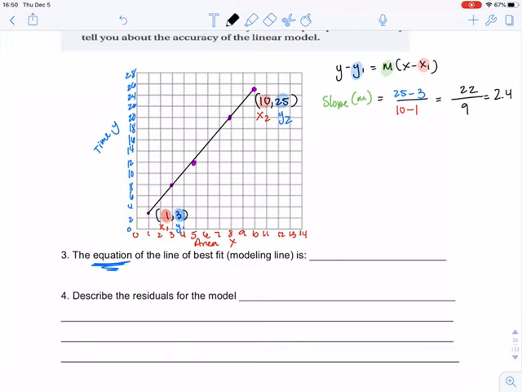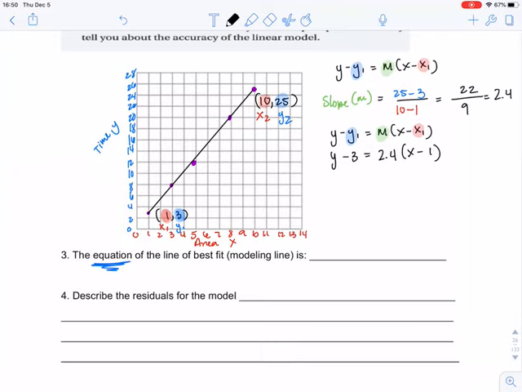Okay, that's my equation. And I'm going to use this equation right here. So y minus my y1, which in this case is 3, equals my slope, 2.4, times x minus my x1 number, which is 1.